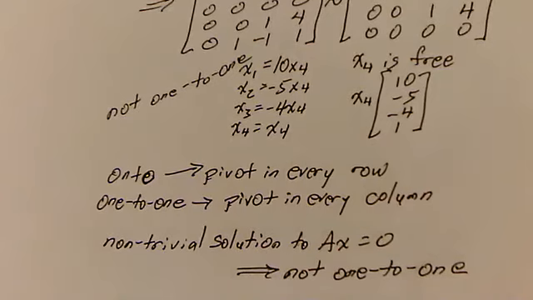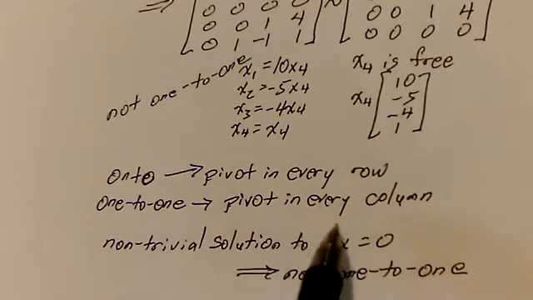You have a free variable. So a non-trivial solution to Ax equals 0 means you have a free variable, which means you are not 1 to 1. All of these representations are tied together.